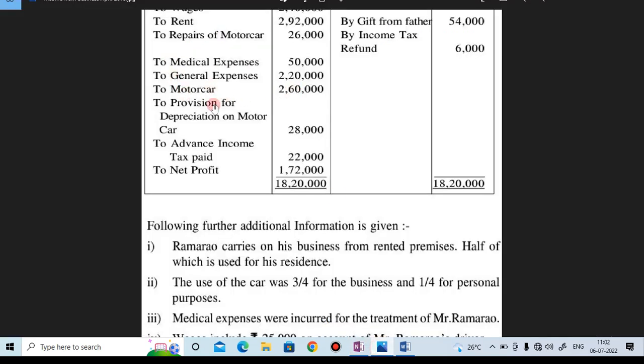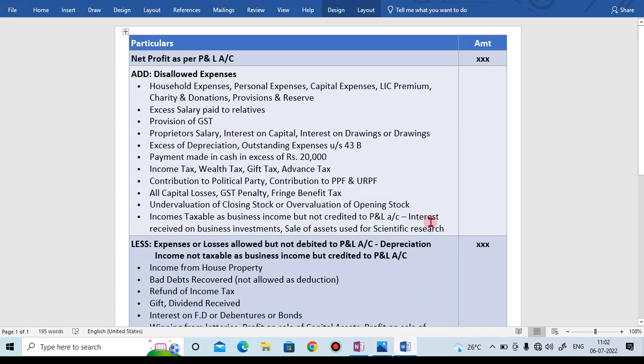After motor car, next is provision for depreciation on motor car, 28,000. Now check the format. Whatever provisions and reserves are called disallowed expenses.